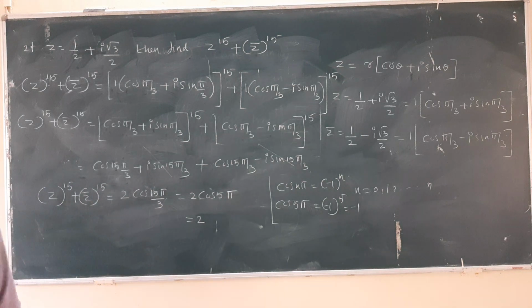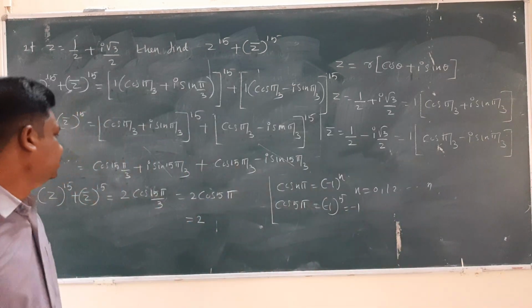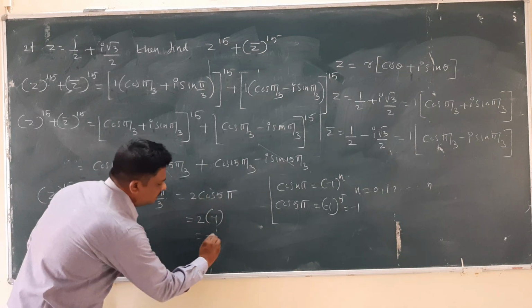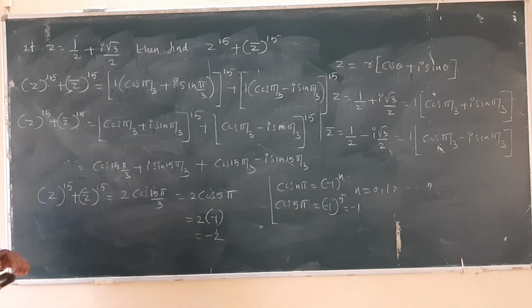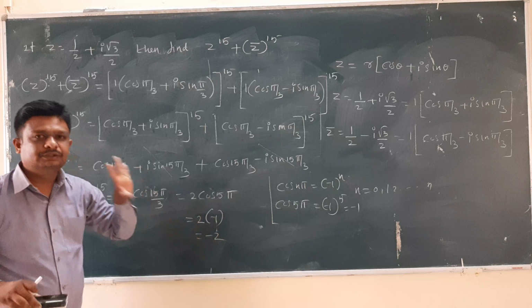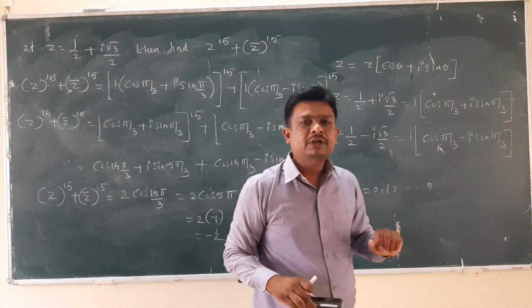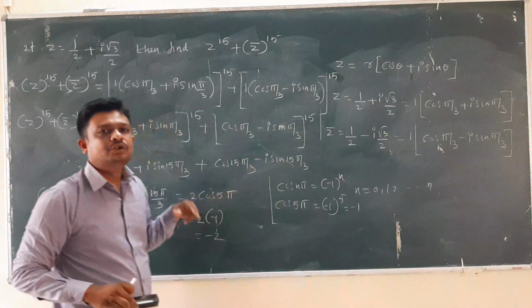Therefore the value of cos 5 pi is minus 1. So the value of z to the power of 15 plus z bar to the power of 15 is minus 2. So in this video, we have seen the statement of De Moivre's theorem and we have solved two problems of De Moivre's theorem.